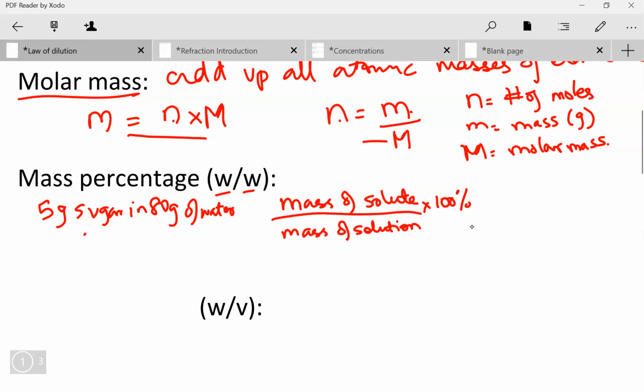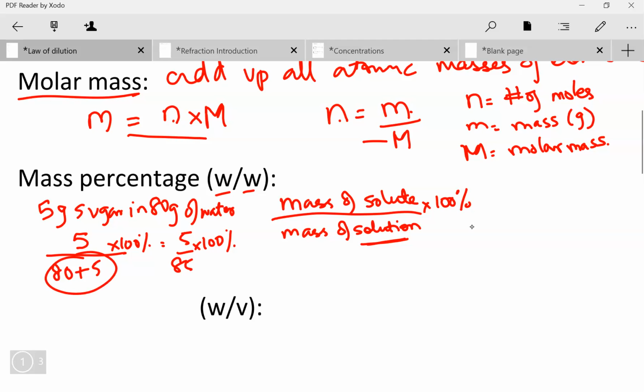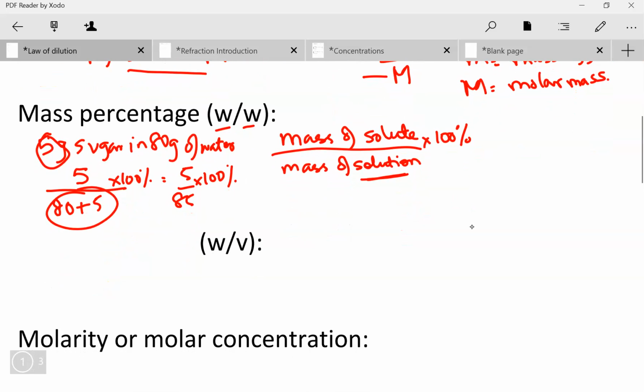We are going to take mass of solute as 5, mass of solution is 85, or 80 plus 5, which is 85, times 100%. So this is 5 over 85 times 100%. Very important that we have to do this addition because we're taking mass of solution, which is both the solute plus the solvent, right?